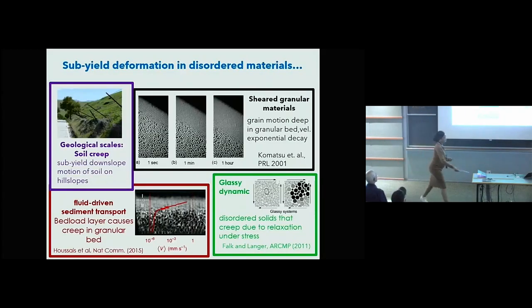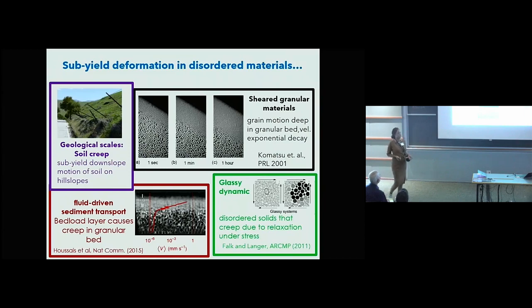Creep is actually something that is exhibited by all disordered systems. So the magic here is that we need disorder and an applied stress, and we can observe creep in disordered materials. The granular pile just serves as one example of a class of shear granular materials that exhibits a creep motion of that type. The picture here serves as an example, and I'll go through other examples of creep in different disordered systems.